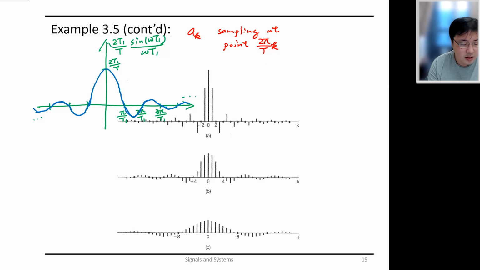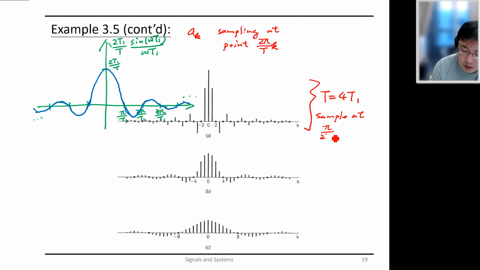Okay. So in this first example here, this is the example for t equal to 4t1. Okay, t equal to 4t1. So if you plug this in, in this case, you sample at pi over 2t1 k.